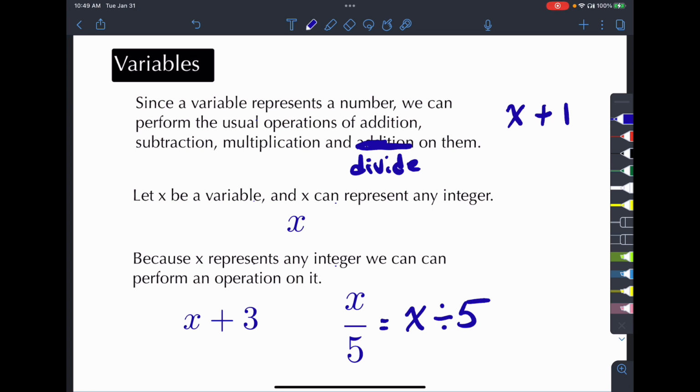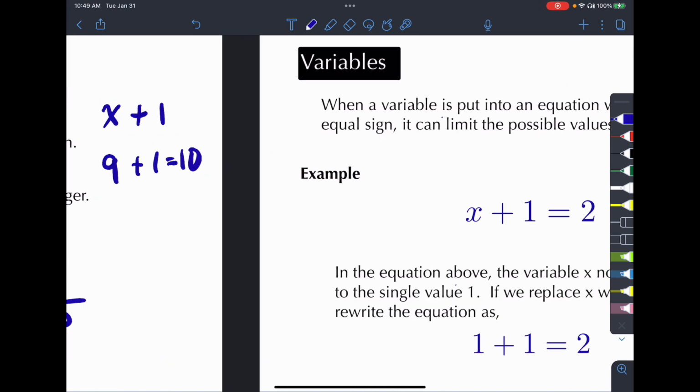So basically, an x just takes the place of a number, and we could put any number in there that we want so far. For instance, for this x up here, why don't we let x be 9, and we add 1 to it? Well, we'll get 10. Down here, we can let x be 7. We add 3, we'll get 10. x could be anything, as long as it's a number.